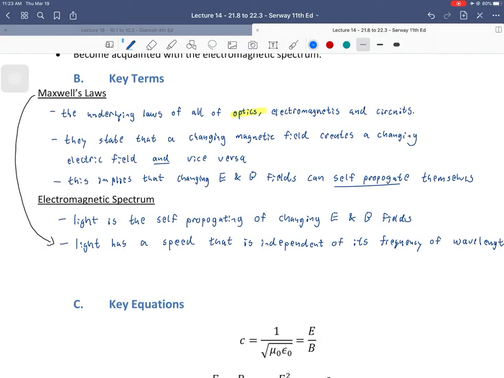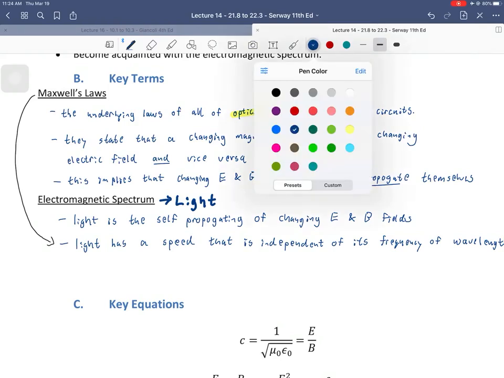The last thing I'll say is about the electromagnetic spectrum, which we would say is light. You can think of those two terms as interchangeable. EM spectrum or light, we mean the same thing.